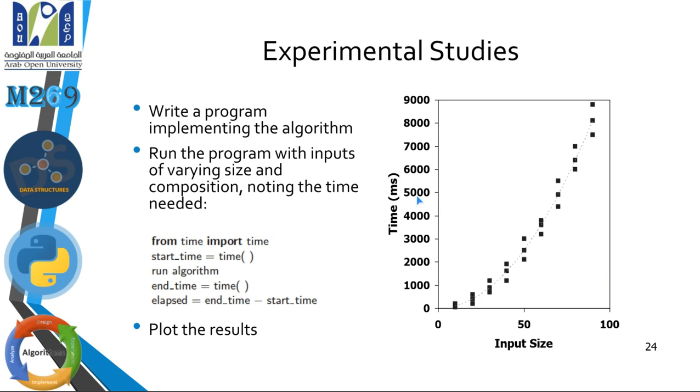Why? Because if I give you algorithm A and ask you to run it in your machine, and your machine is a Core i7 with 16 gigabytes of RAM, the algorithm might finish its task within 3 milliseconds. You will tell me this is a great algorithm.